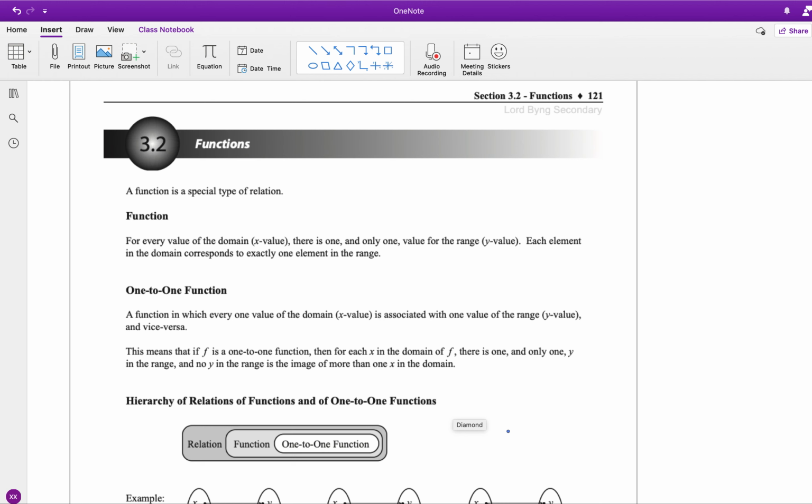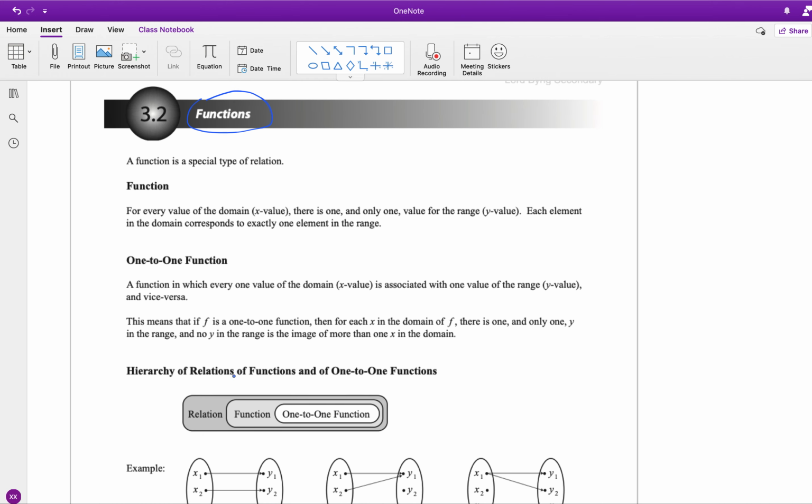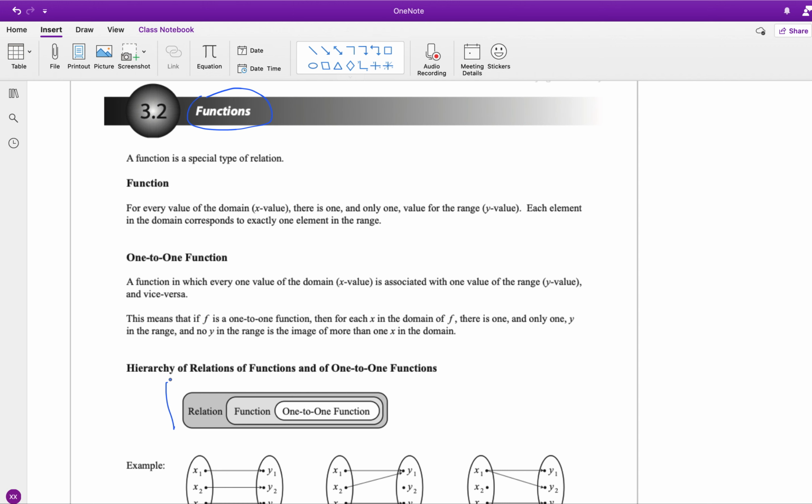3.2 Functions. Compared with 3.1, now our focus is one of the very special relationships that is called a function. So take a look at this. What does this diagram mean?